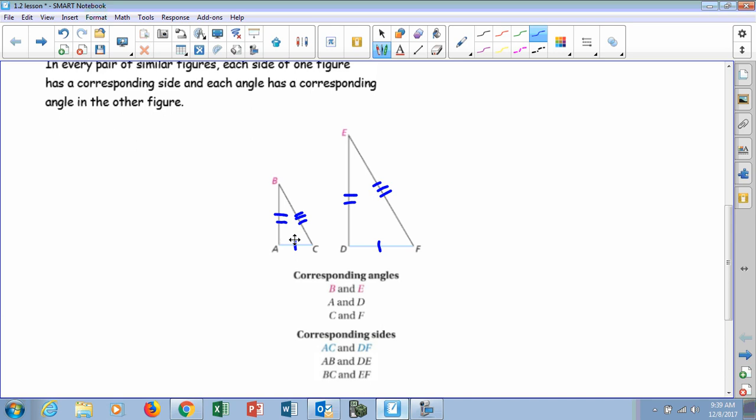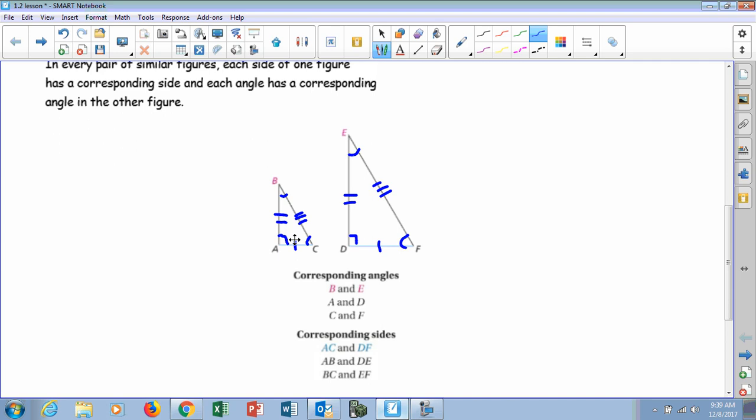Now, angles, obviously angle A and angle D are corresponding angles, right? Because they're both right angles. B and E are corresponding angles, and C and F. Okay?